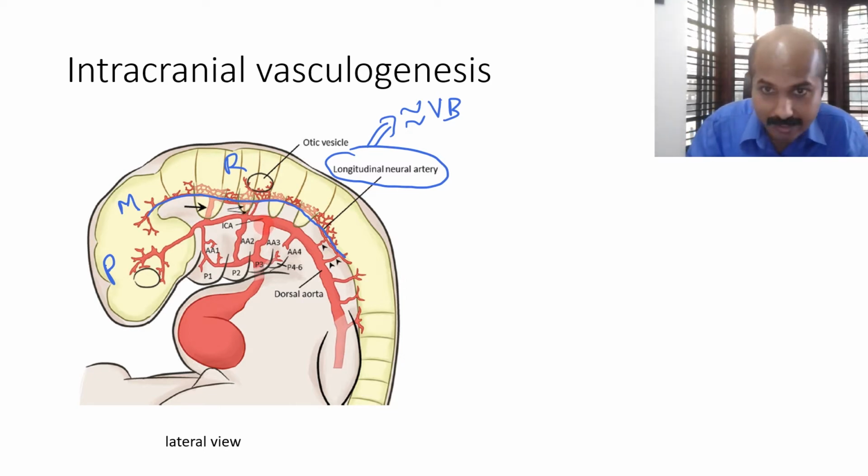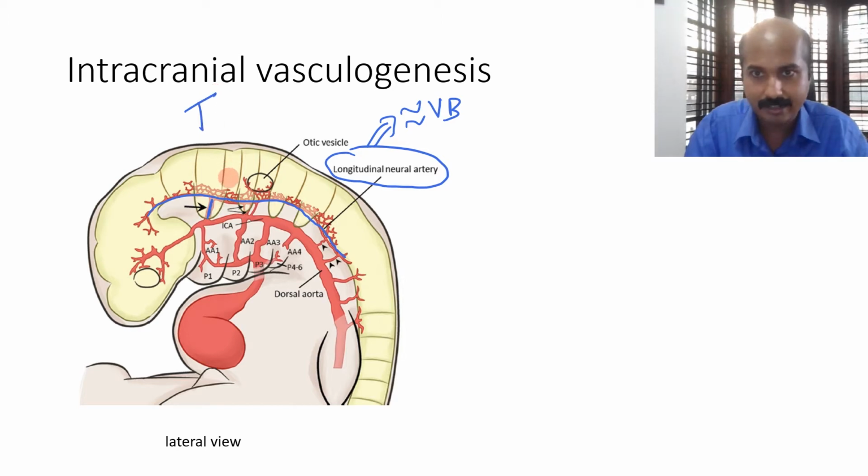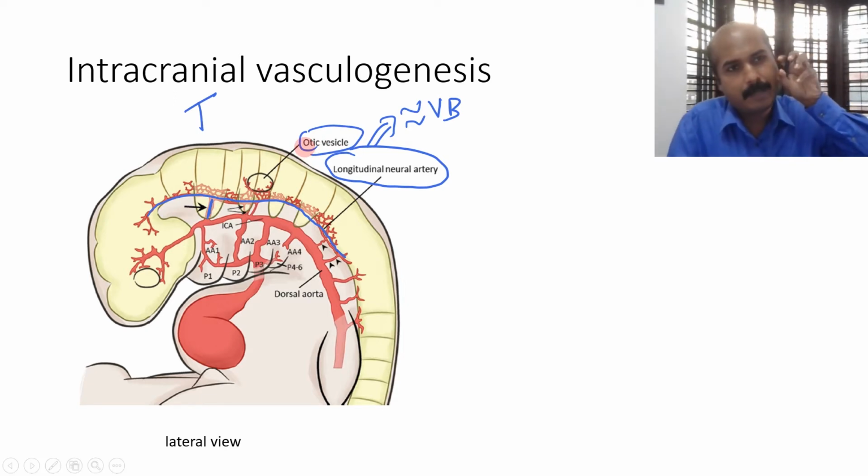Okay, let us have a look at that. Let me just erase these for more clarity. So can you see this vessel? This vessel is the trigeminal artery. And this is the otic vesicle. The otic vesicle is an internal ear apparatus.